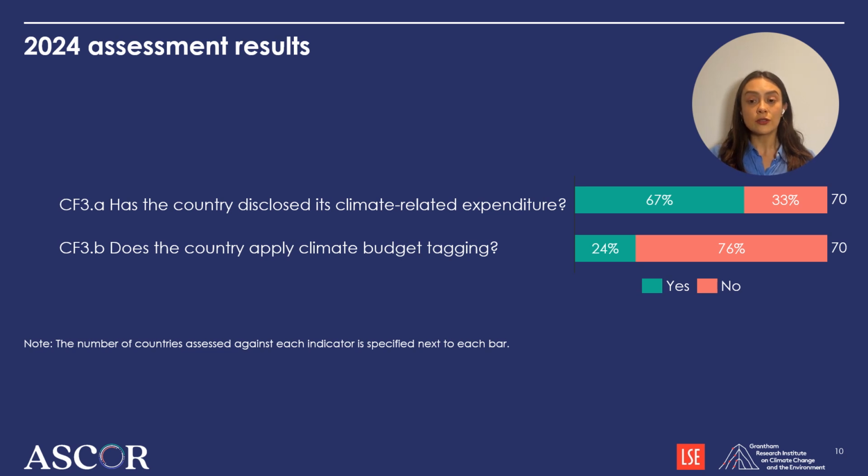As you can see on your screen, these are our 2024 results. We see that 47 out of 70 countries assessed have a basic level of transparency on their climate-related expenditure, where 16 countries out of 70 have disclosed a climate budget tagging methodology and applied it to its latest budget.